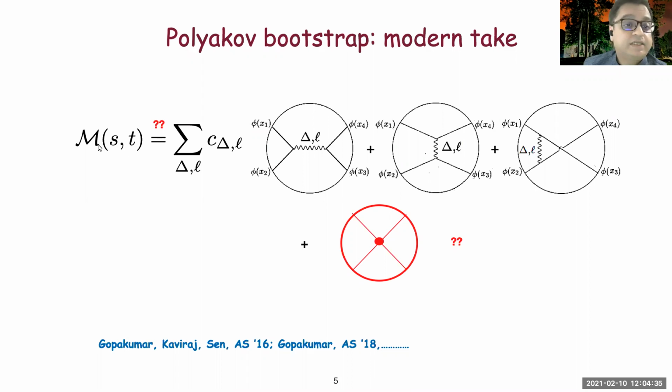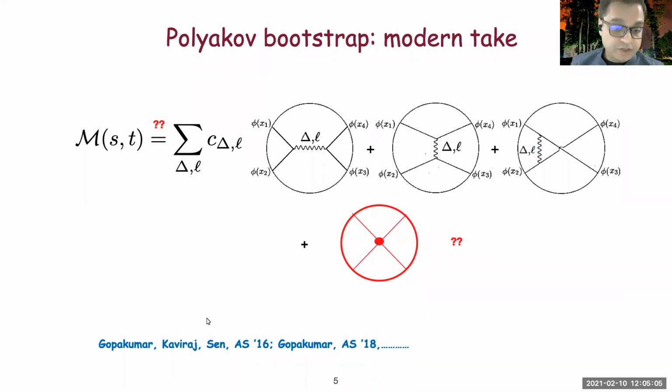And the question is, does this admit an expansion in terms of what can now be interpreted as exchange Witten diagrams? So the first three lines are the S, T, and U channel exchange Witten diagrams, and potentially contact diagrams. This red thing in the second line is a contact diagram, and the question is, can there be an expansion of this kind?